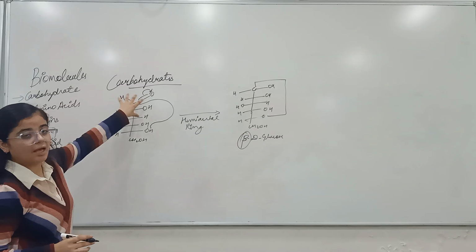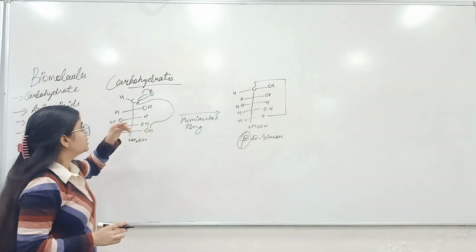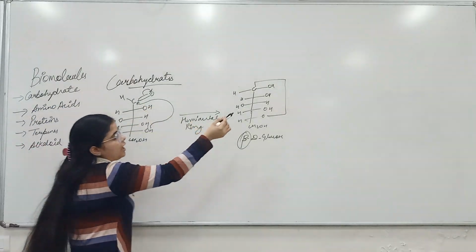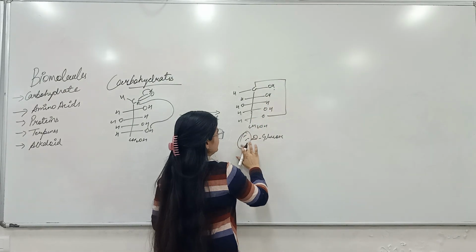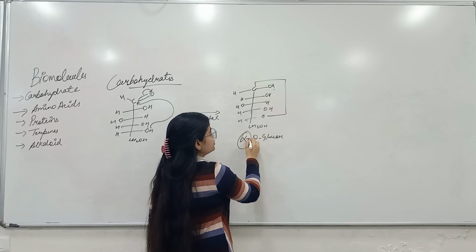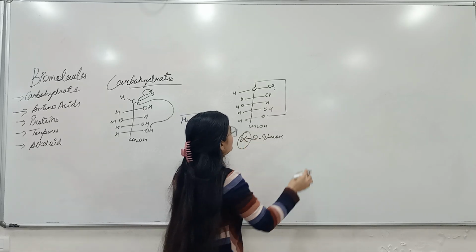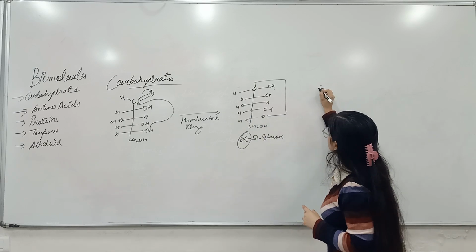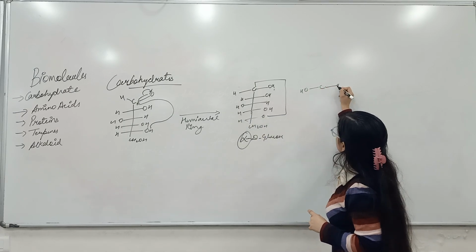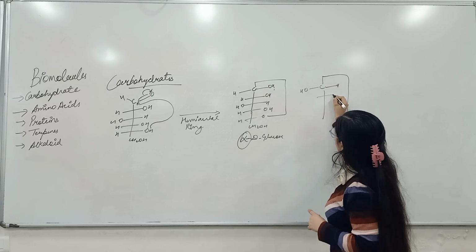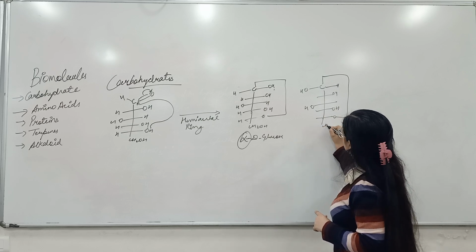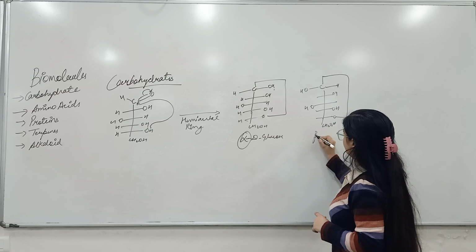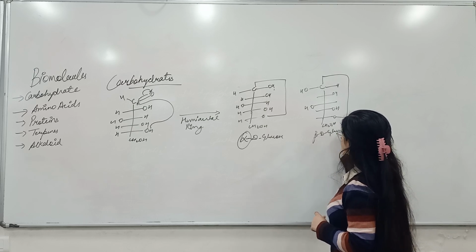When we make a hemiacetal ring, this hydroxyl group can take two notations. When it comes on the right side, it is alpha D glucose, and when it comes on the left side, then it is beta D glucose. CH2OH. This is beta D glucose.